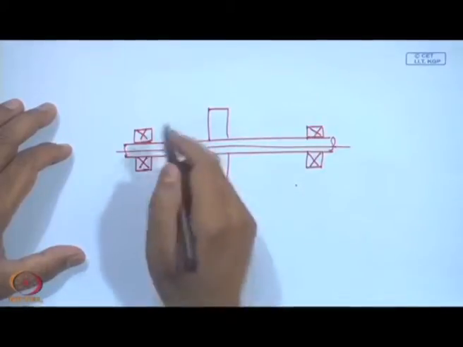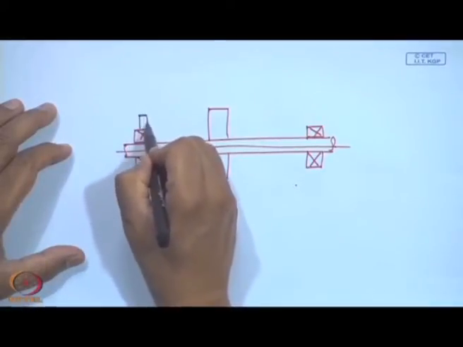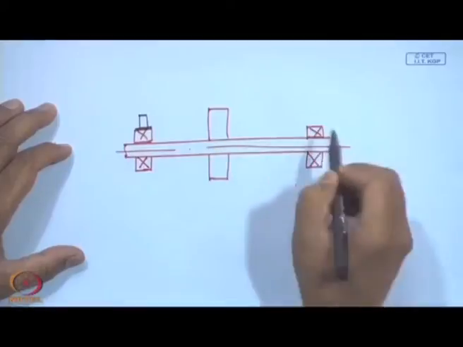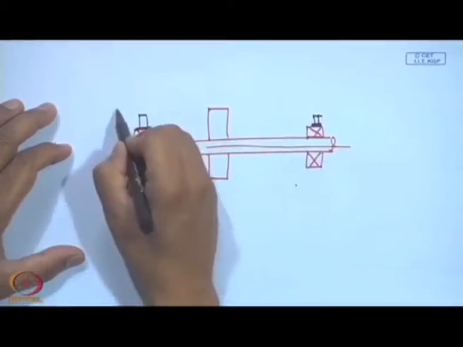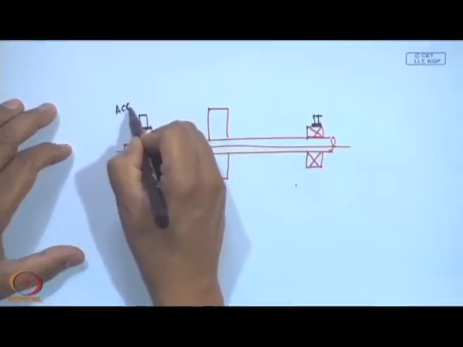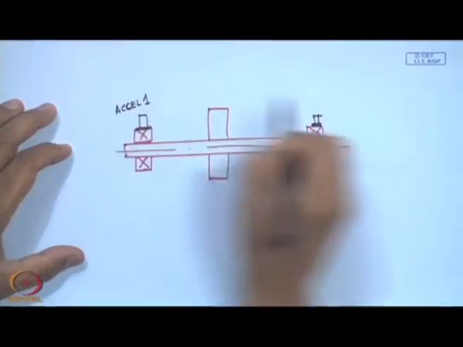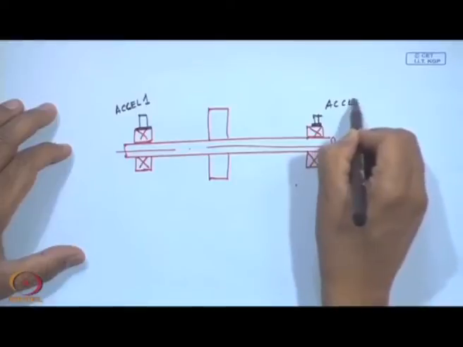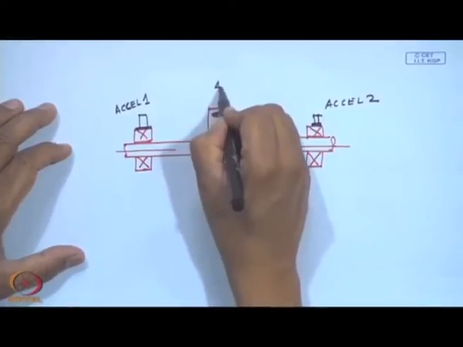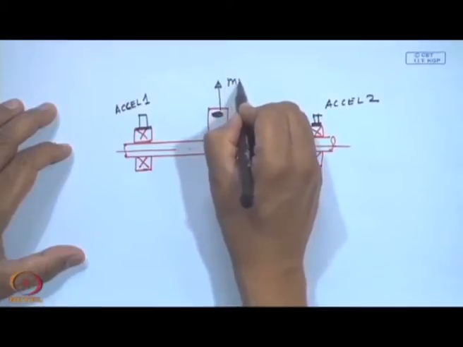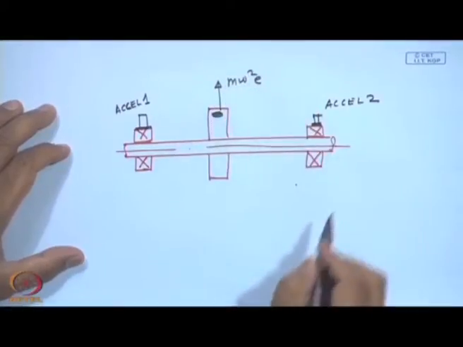What I do here is put accelerometers, say axle 1 and axle 2, and there is an unbalance, so I am getting an m omega square E unbalance force.